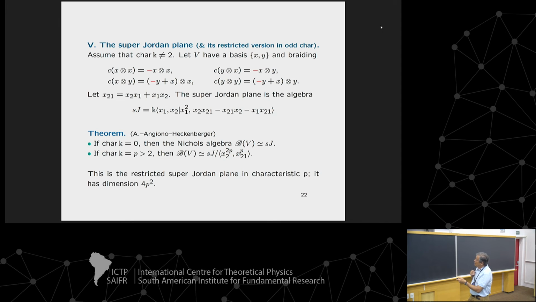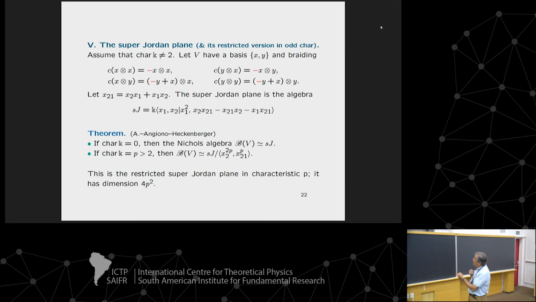And if the characteristic of K is p, odd, then the Nichols algebra B of V is the super Jordan plane divided by 2 elements. One is the power x21 to the p, which is expectable, and the other, a bit surprising, we understood later why: x2 to the 2p is 0.